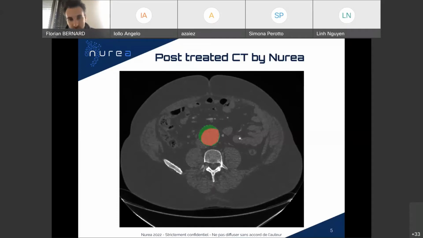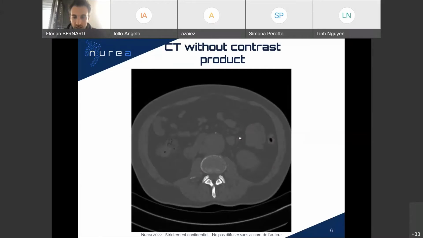So imagine that you have thousands of slices like that, and on each slice you need to measure what are the diameters of these arteries, if there is calcification, thrombus, or if the artery is sound. So it's a really time-consuming job with a lot of bias. If the CT is not cardiovascular oriented, there is no contrast product.